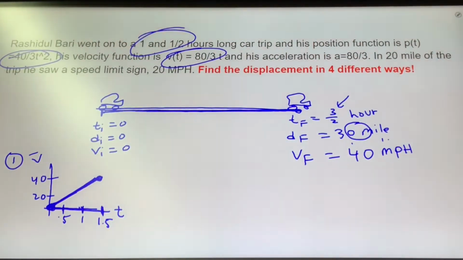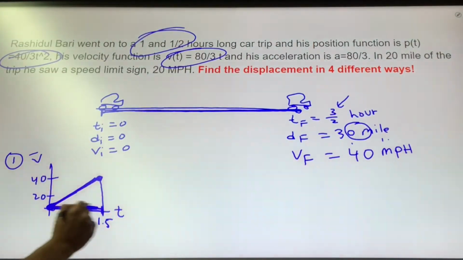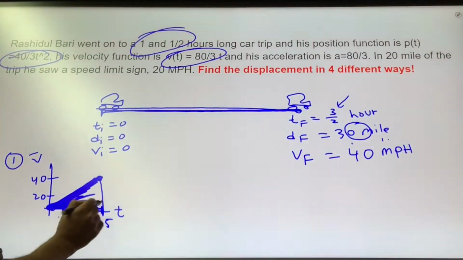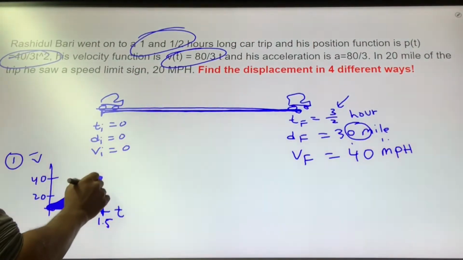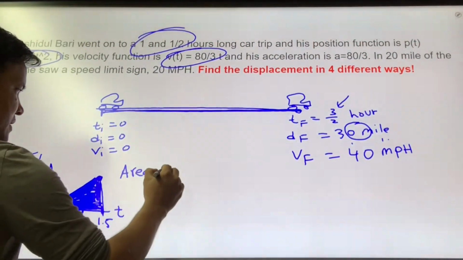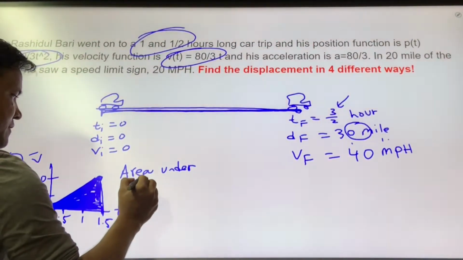So I'm going to calculate the area under the curve, the area under the VT graph, to find the displacement.